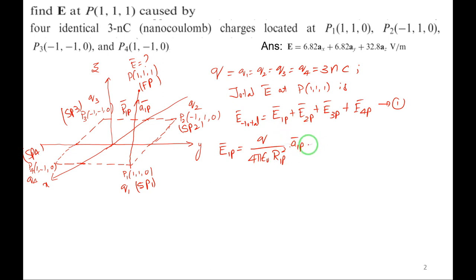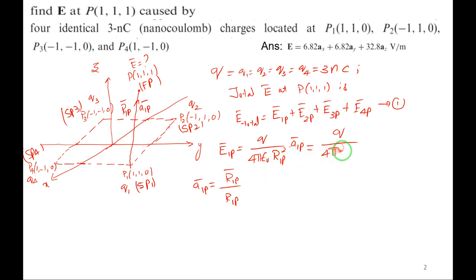Or else I will modify here, just observe. I want to simplify it. So Q by, what is A1P? A1P is vector R1P divided by its magnitude, R1P. I will not put the R1P separately. So I'll substitute A1P equal to vector R1P divided by R1P. R1P square is there in the denominator, so once again it will become R1P cube.